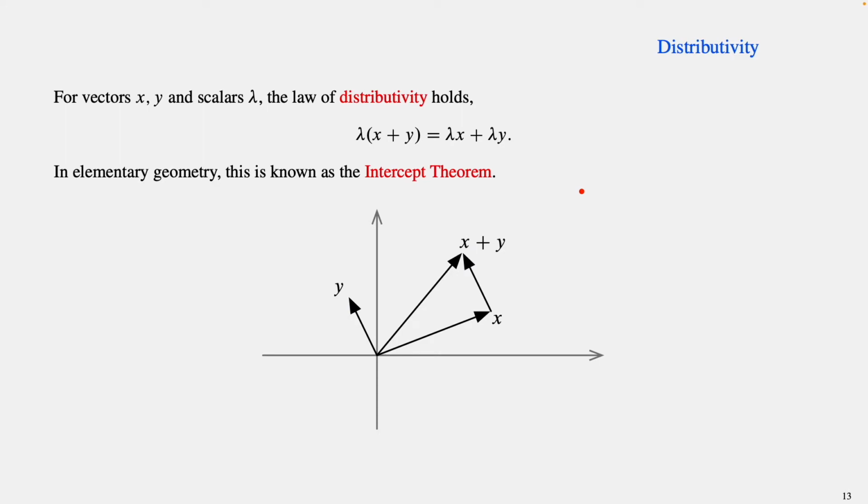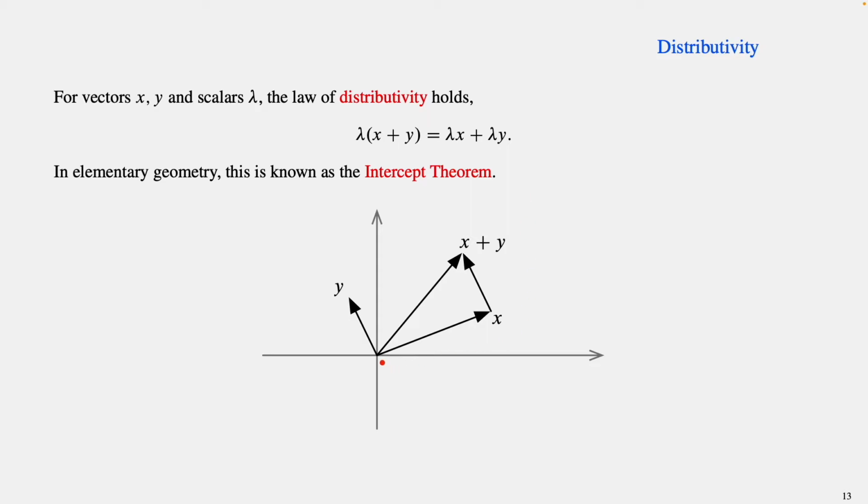There's also a distributivity law for vector addition and scalar multiplication, which states that if you have a scalar lambda and 2 vectors x, y, then lambda times the sum of x and y is the same as the sum of lambda times x and lambda times y. And this is actually a theorem from elementary geometry, which is called the intercept theorem.